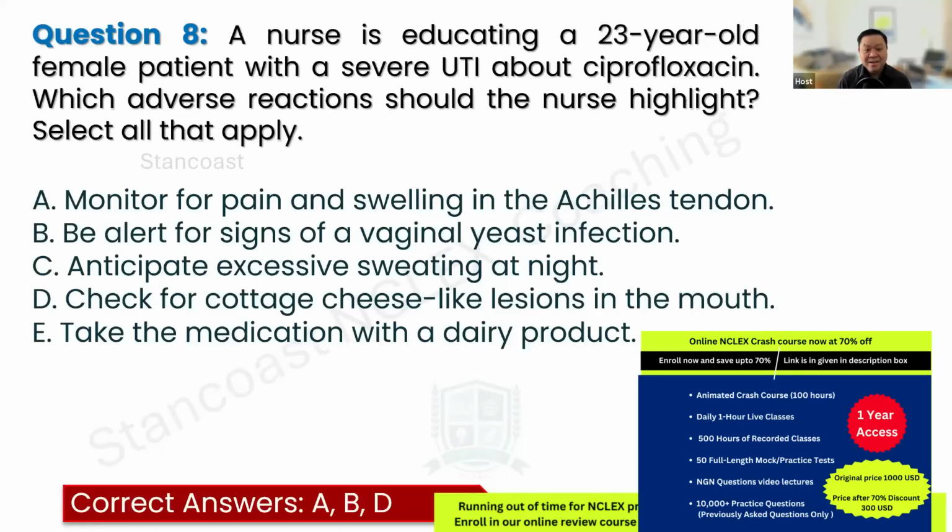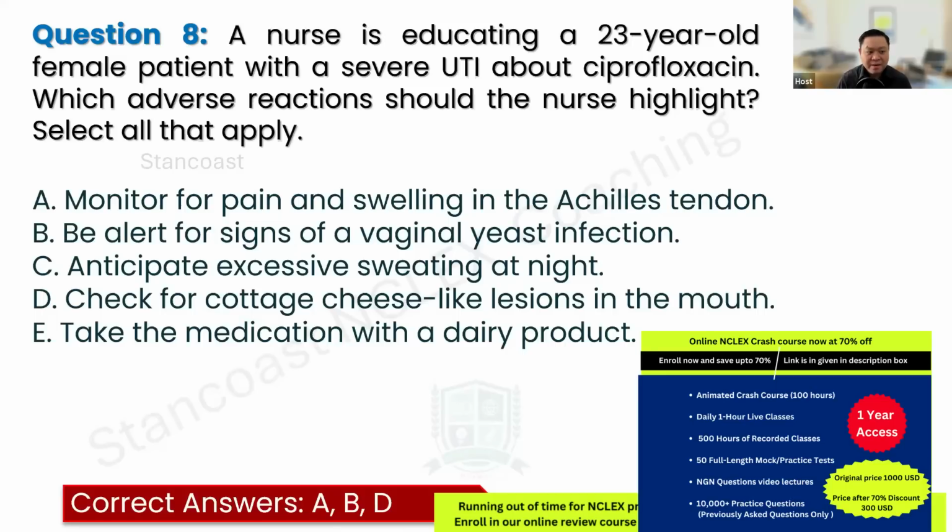For A, pain and swelling of the Achilles tendon can indicate that this is a serious side effect of the ciprofloxacin, and the patient should report this to their healthcare provider. So actually, that's also an adverse reaction to the ciprofloxacin.